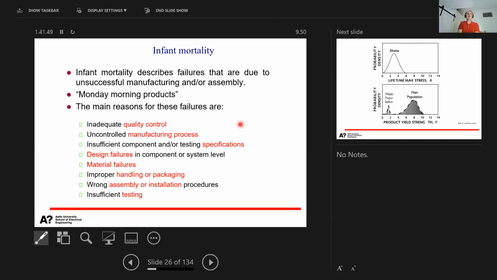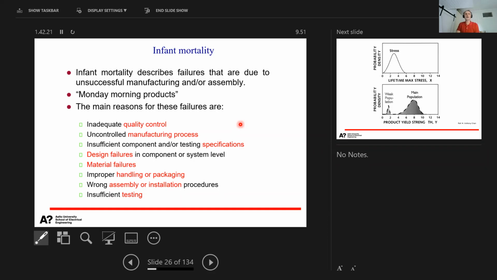First, the decreasing failure rate, and that is typically referred to as Monday morning products, infant mortality. So those units which have some quality-related defects. The reason behind might be improper, inadequate quality control, uncontrolled manufacturing processes.